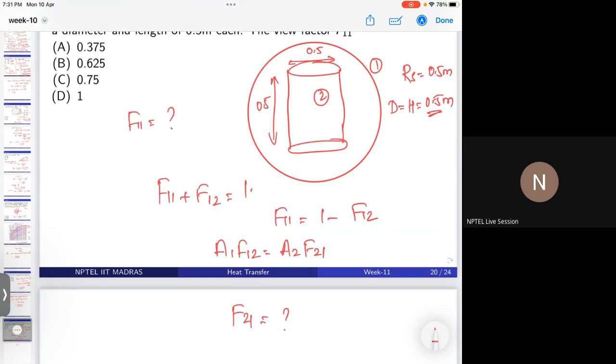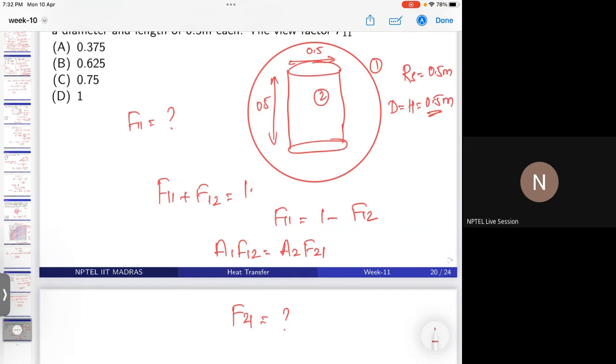So F22 will be what? 0. Because we are considering the outer curved surface. So none of the radiation from 2 will fall on 2 itself. So that part is 0.